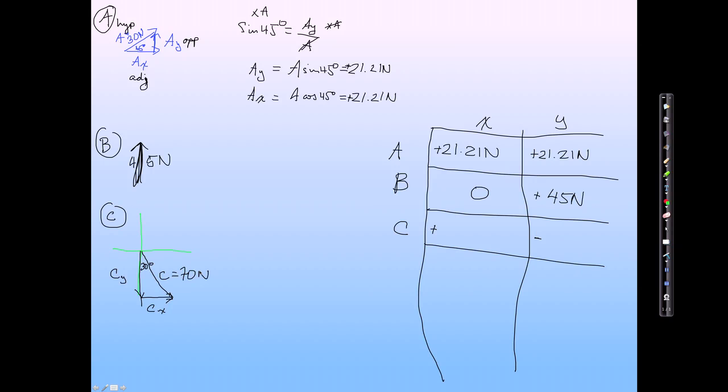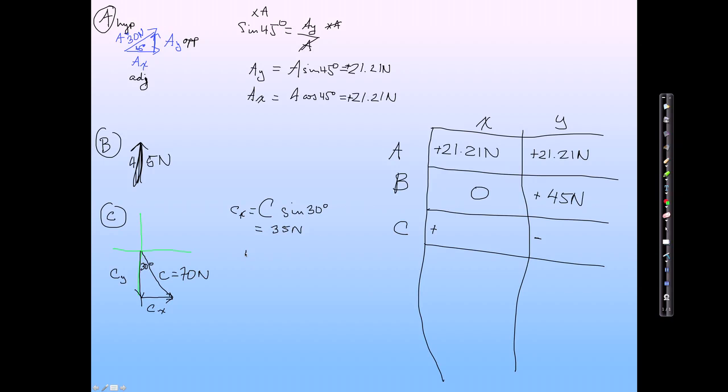And let's look at Cx first. Cx will equal, because it's opposite the 30-degree angle, C times the sine of 30 degrees. C times the sine of 30 is 35 newtons.